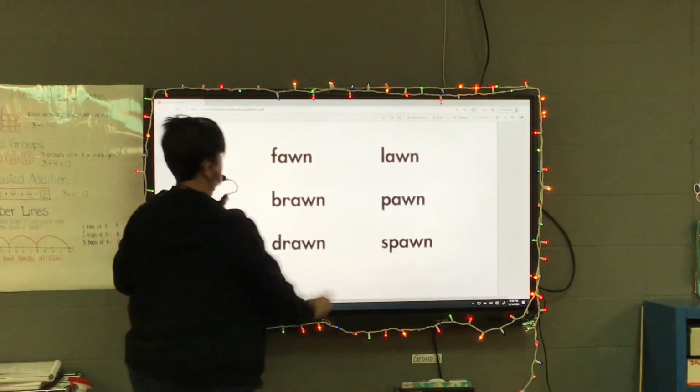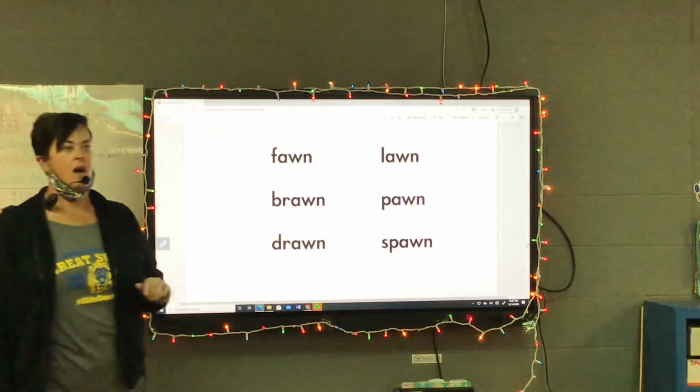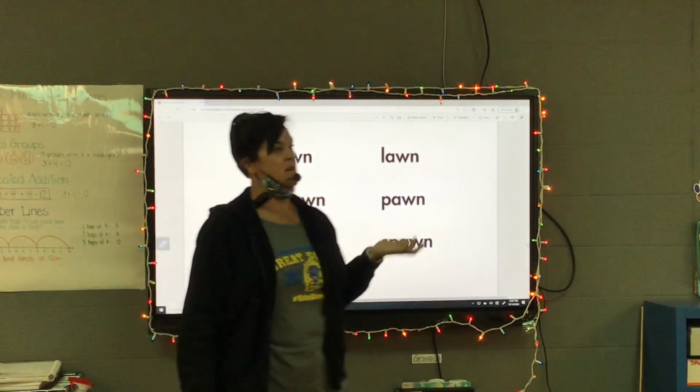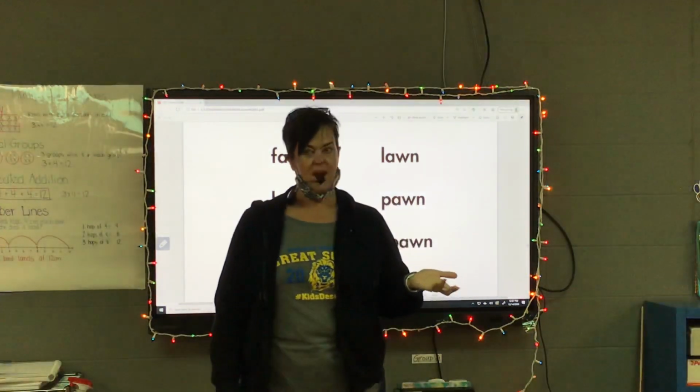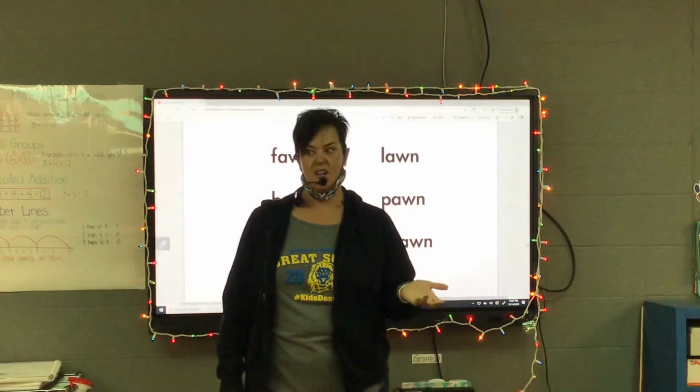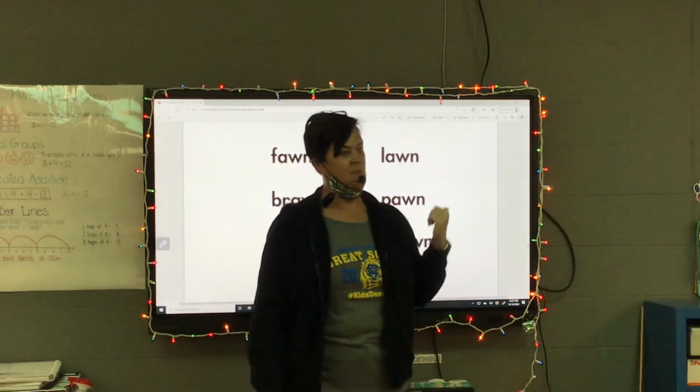All of these words say what? Aw, which a lot of you missed on our spelling test last week for the sound. When we said aw, we've been practicing the AW sound, right?